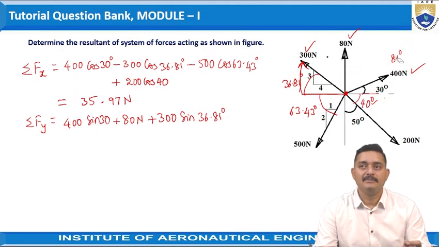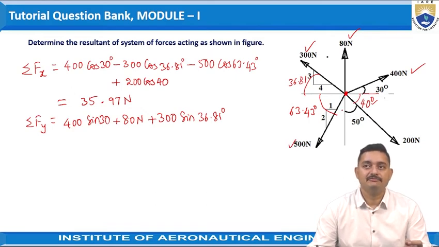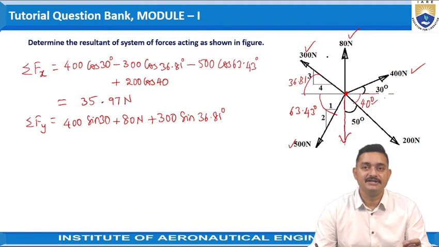Okay. Now coming to the next force, that is the 500 Newton force. The vertical component of this 500 Newton force would be acting vertically downwards in this direction.